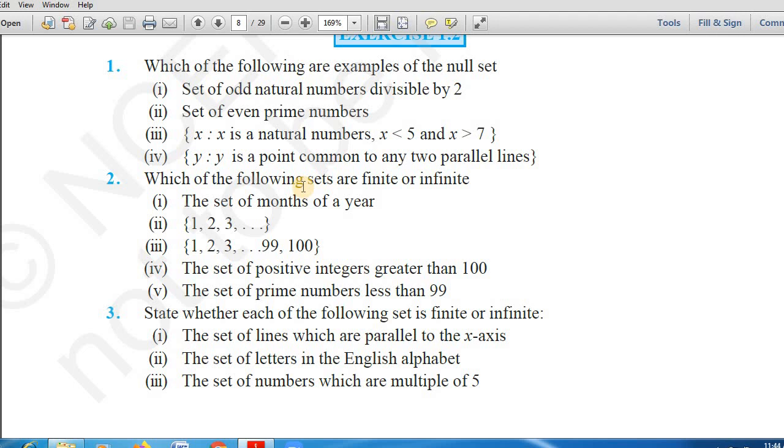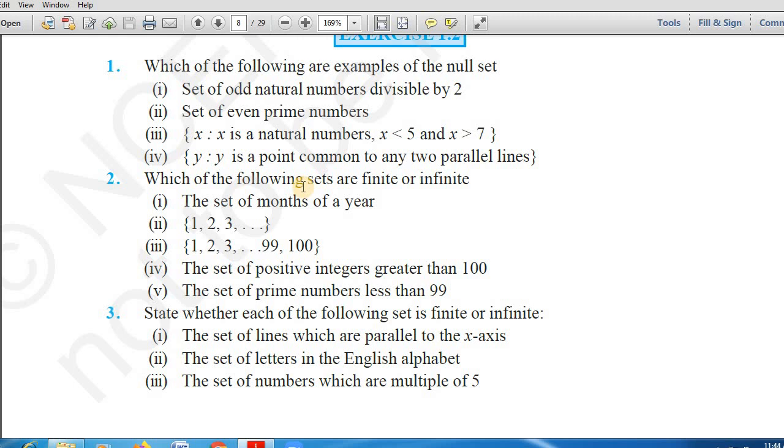Example number 2, finite and infinite. We have to say: the set of months of a year, obviously finite. 1, 2, 3, dot dot dot, and so on, this is called an infinite set. 1, 2, 3, 4 up to 100, this is obviously a finite set.